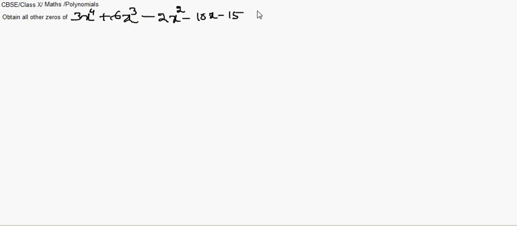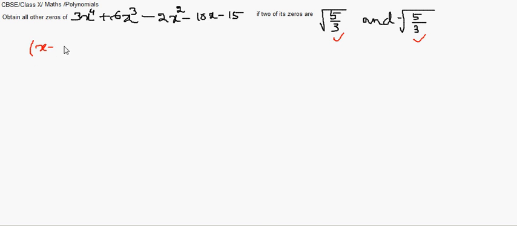If two of its zeros are already given to us, by root 5 upon 3 and minus root 5 upon 3, now when it informs that these are the zeros of the given polynomial, that means x minus root 5 by 3 and x plus root 5 by 3 are the factors of the given polynomial.